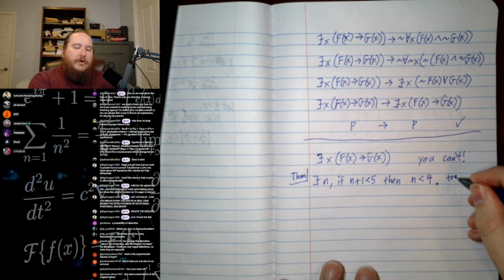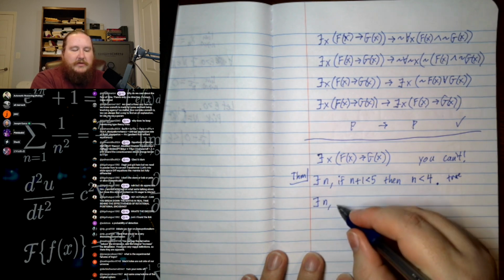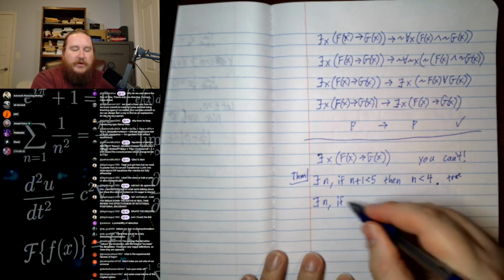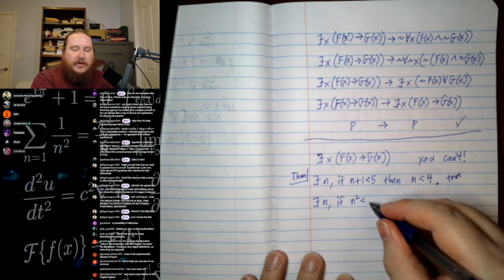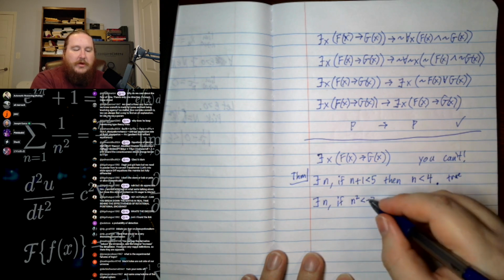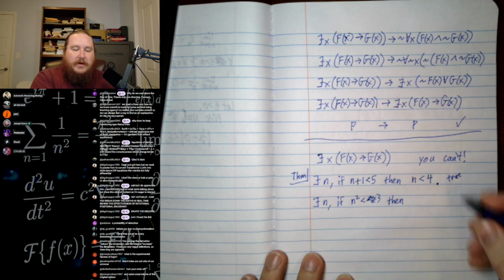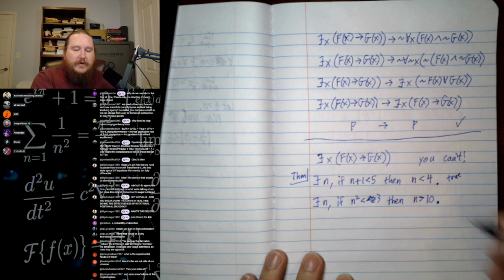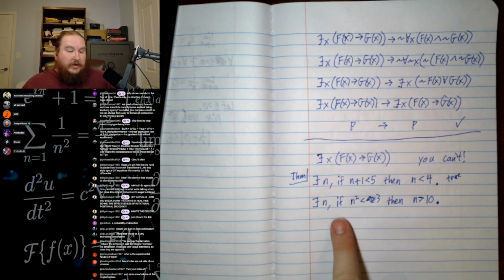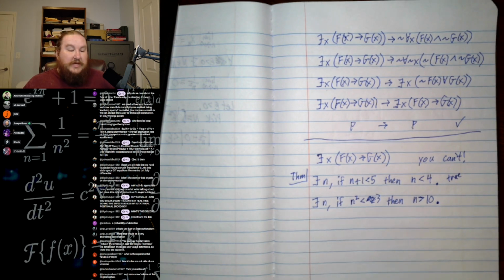But what if I said there exists an n such that if n squared is less than 3, then n is greater than 10, right? Is there an n such that if n squared is less than 3, then n is greater than 10?